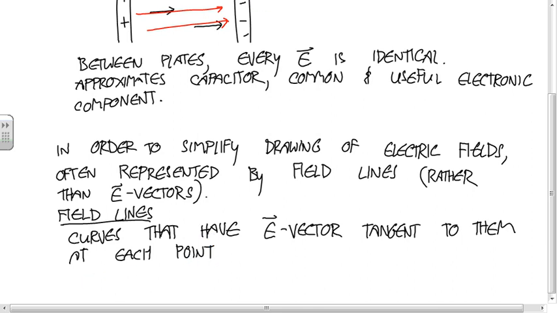And in the two examples that I just gave, those are the red lines.